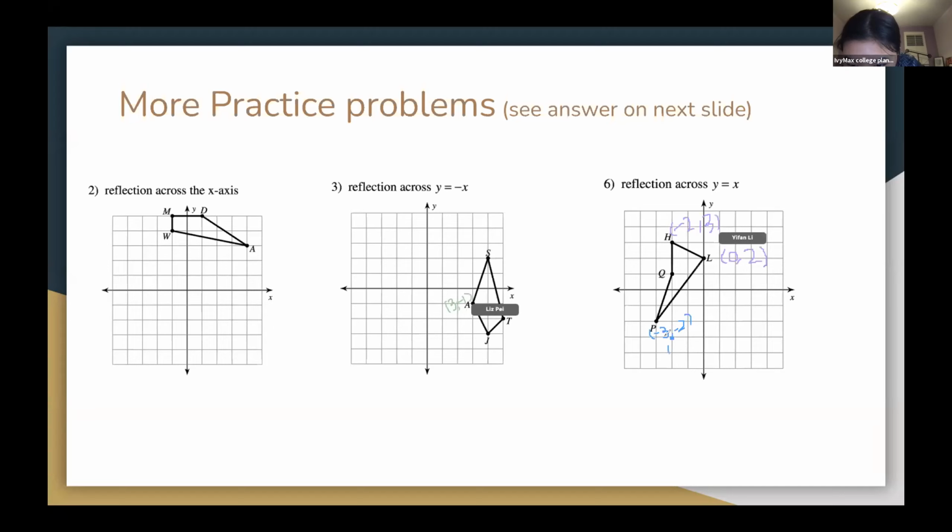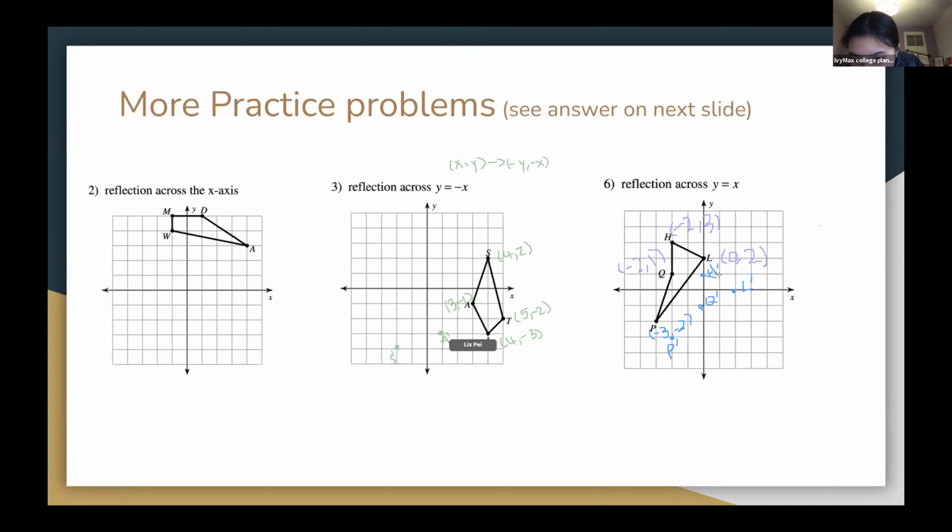Here is probably P prime, right? And then 2 here. Here is L prime. Here is H prime. And Q prime. So you connect them.